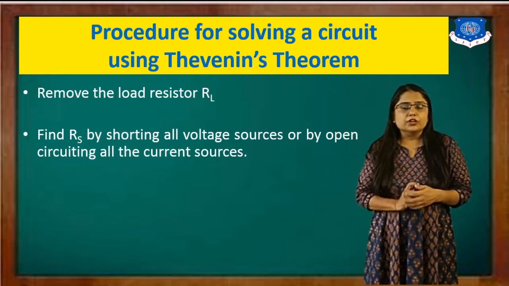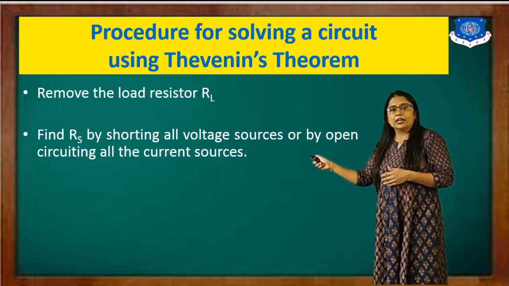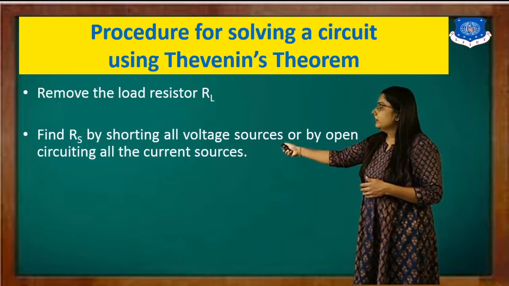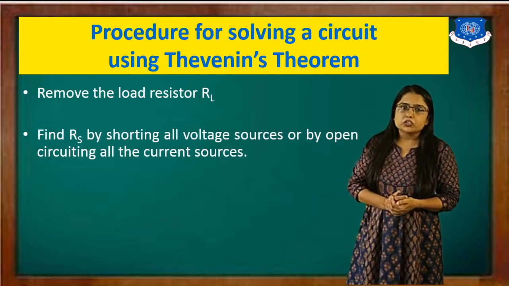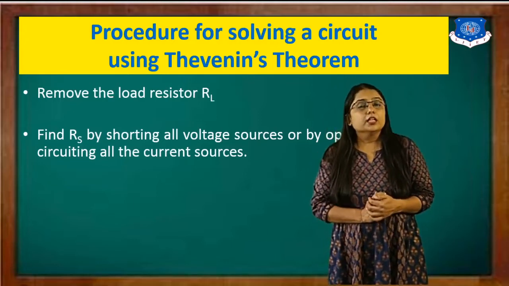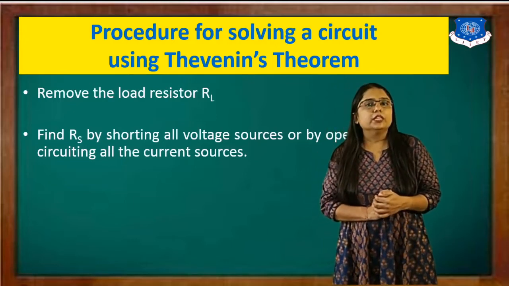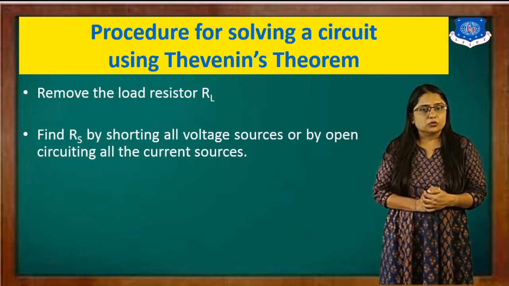If a network has a dependent source, then you cannot find the value of Rs using this method of short circuiting all the voltage sources and open circuiting all the current sources. This is applicable only for independent sources.